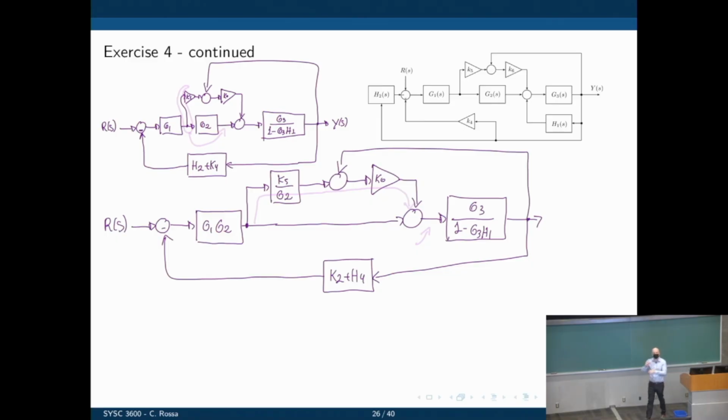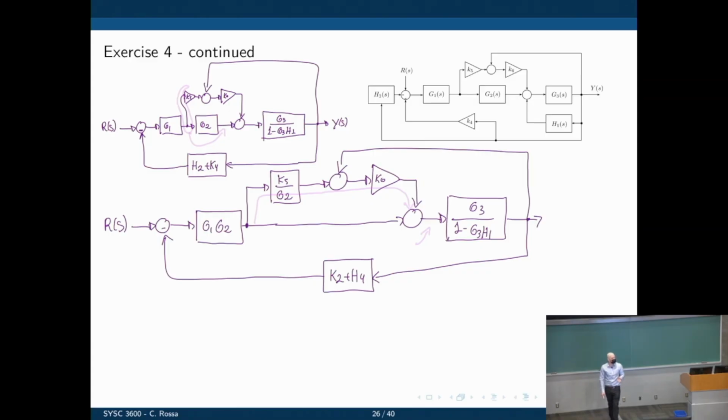So we see that we take the output of G1, G2, multiply that by K5 over G2, then multiply it by K6, and then add that to the loop. So couldn't we just take that K6 and move it behind the sum point? Wouldn't that be the same?